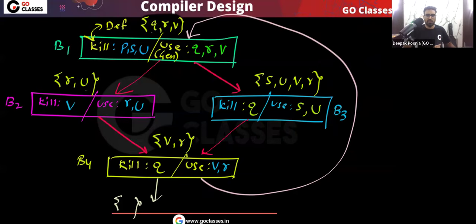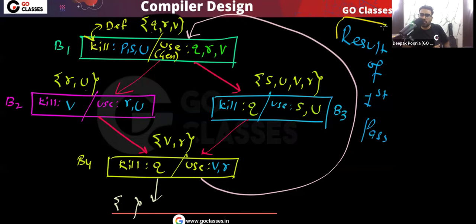So this is what we need. So this is the in information of every basic block, and this is the result of the first pass. Now we will start the second pass.